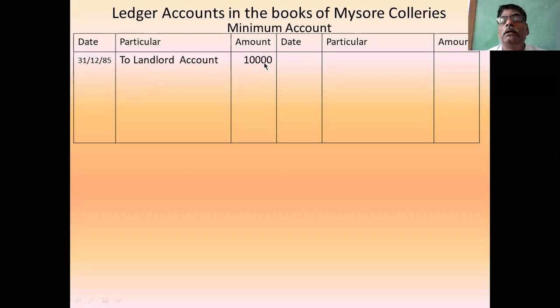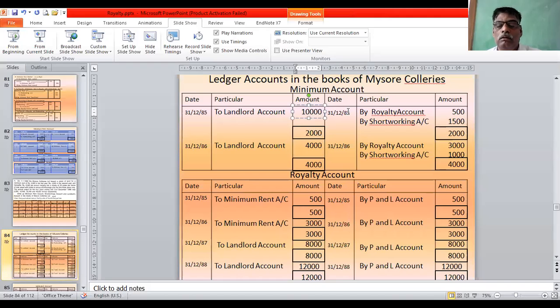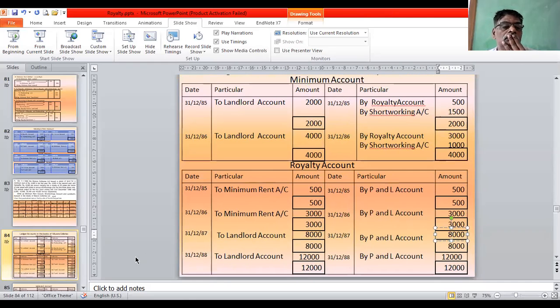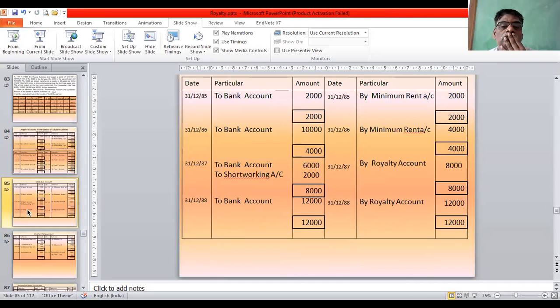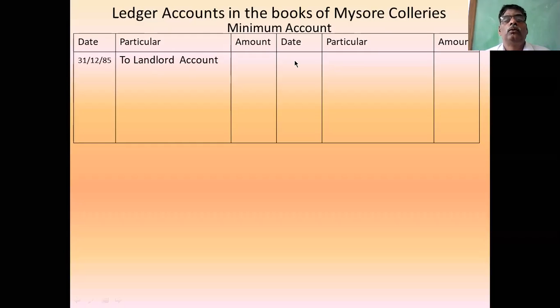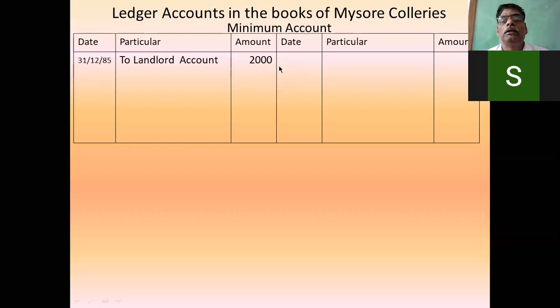To landlord account 2,000. This is minimum rent.